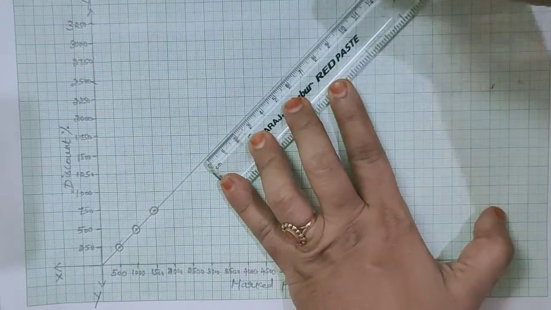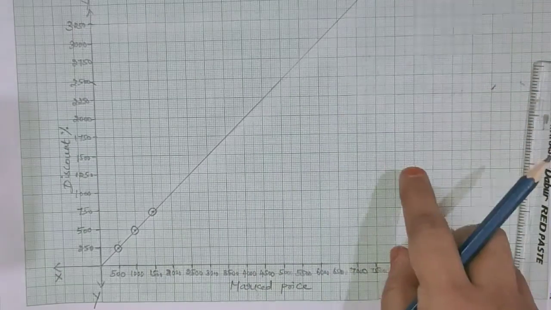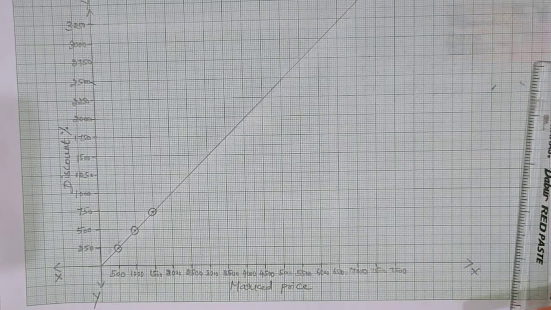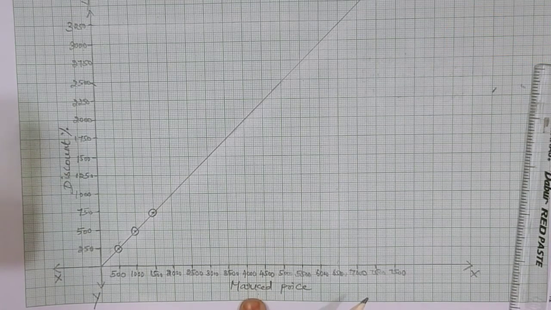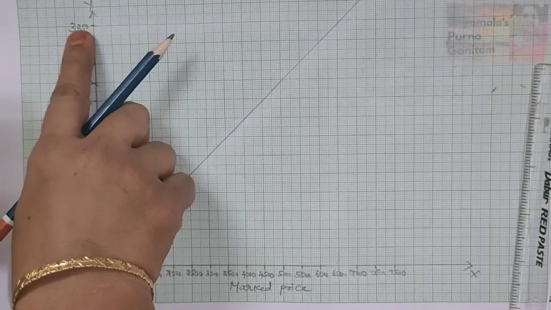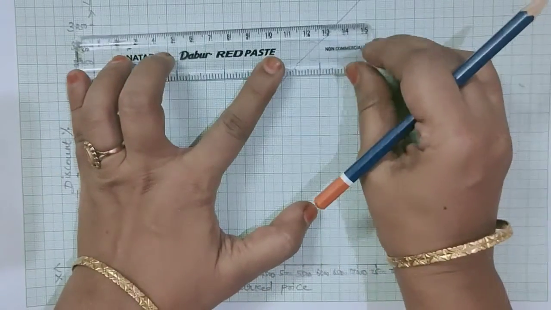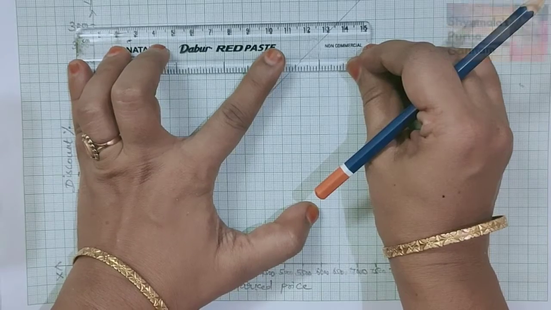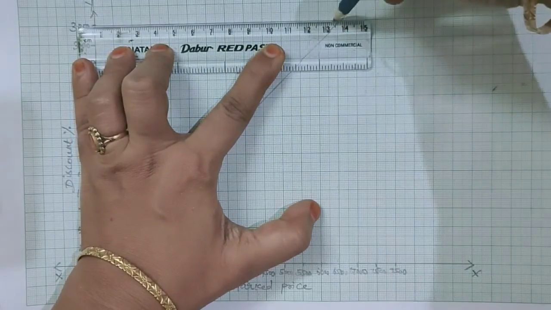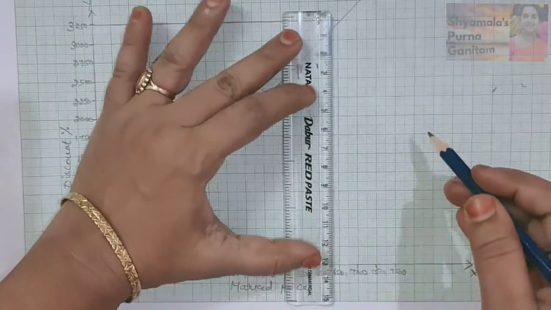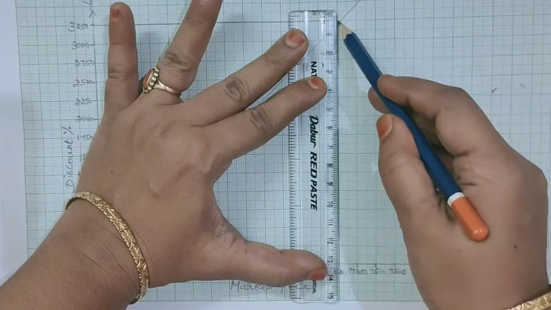Two more questions were asked. After drawing the graph, we are asked to find out two more things. One is the marked price when the customer gets a discount of 3250. So, if the customer is getting a discount of 3250, that is this point, then how much will be the marked price?